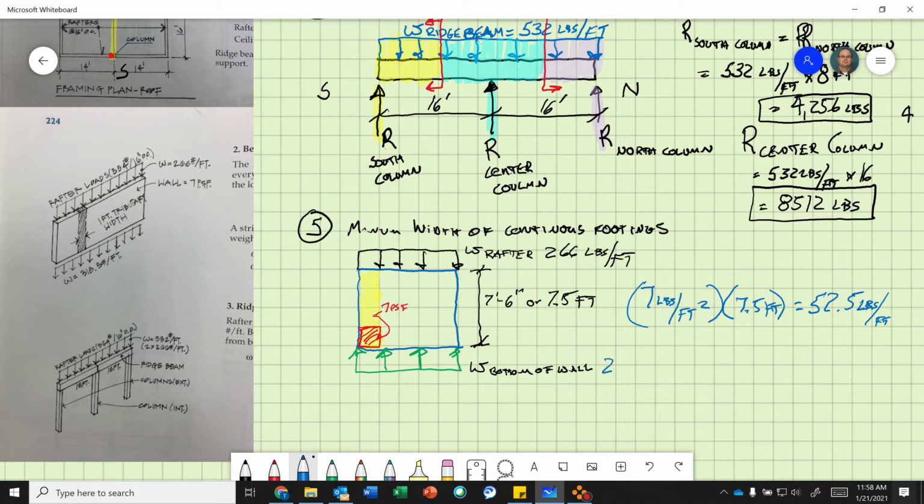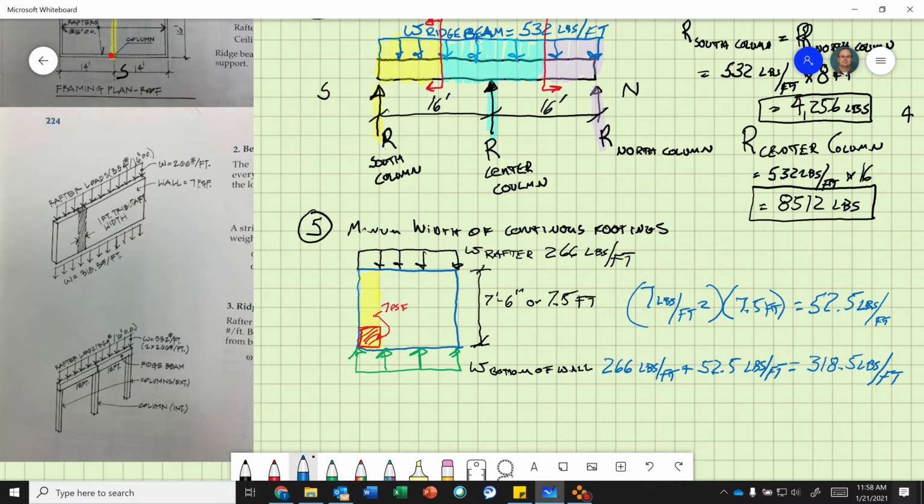So we have 266 pounds per foot plus 52.5 pounds per foot equals, 266 plus 52.5, and I get 318.5 pounds per foot.